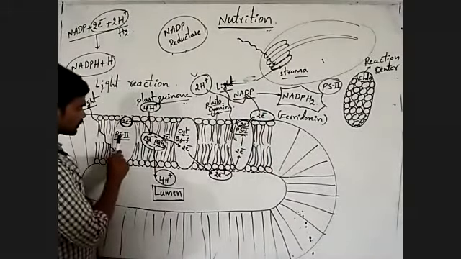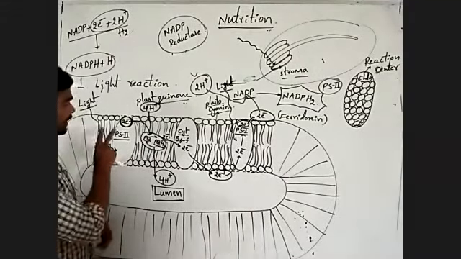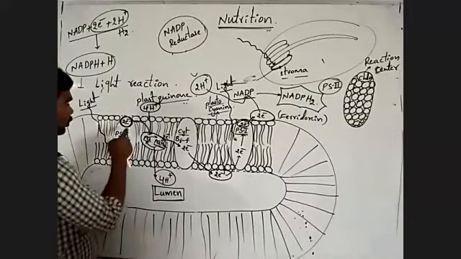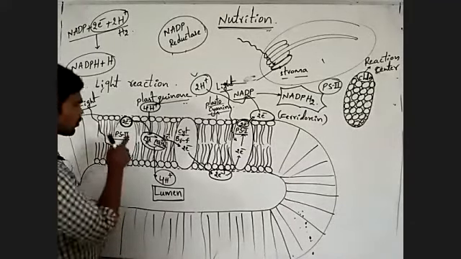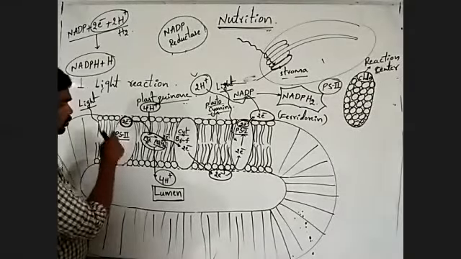Now photosystem 2 requires 2 electrons because 2 electrons were sent from this photosystem 2.